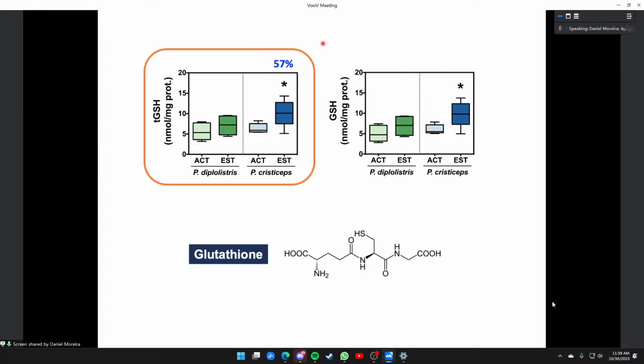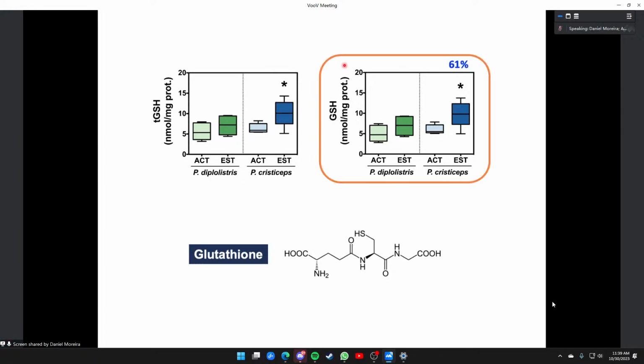But in Proceratophrys cristiceps, we observed an increase of 57% in total glutathione levels. And this was very similar to what we observed for reduced glutathione, in which we had an increase of 61% only for the Proceratophrys cristiceps individuals.